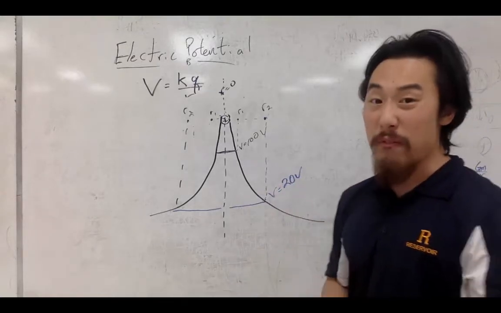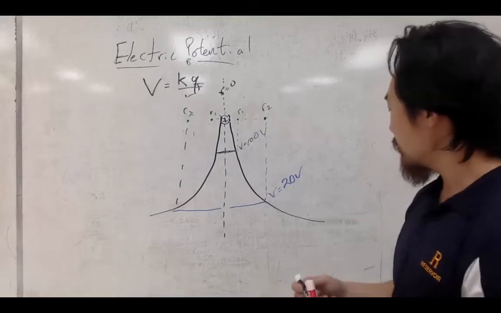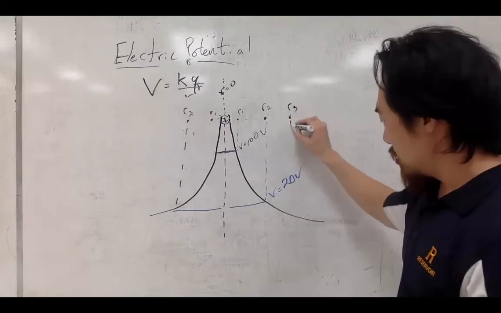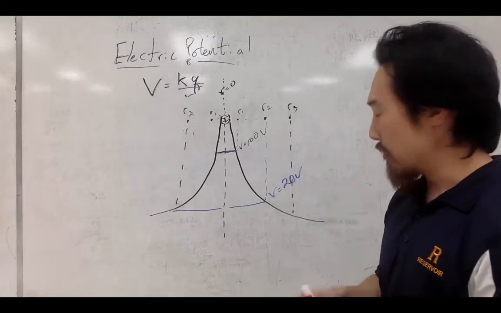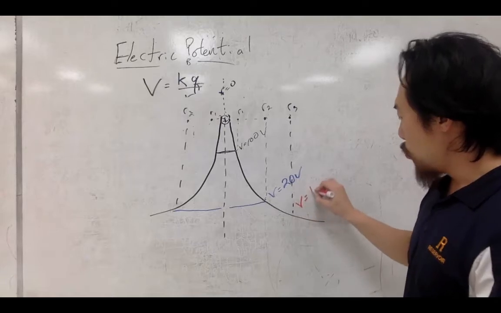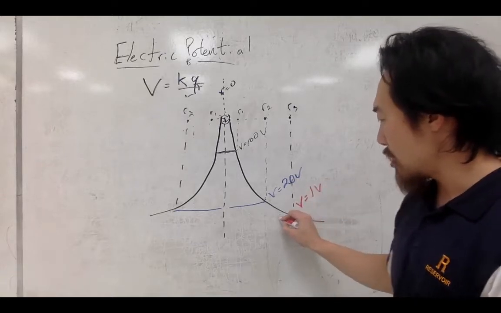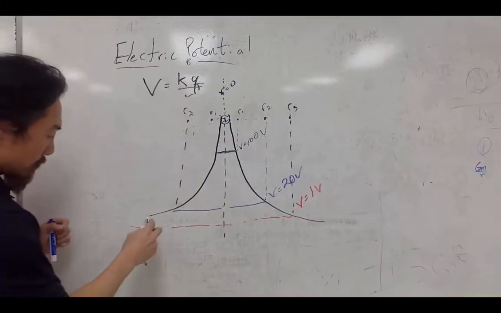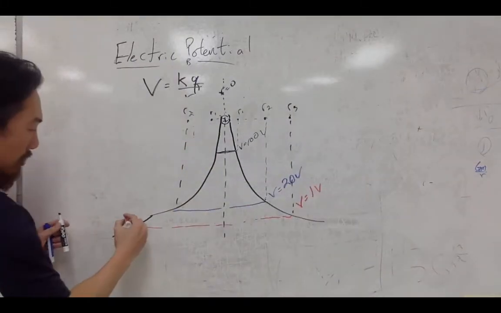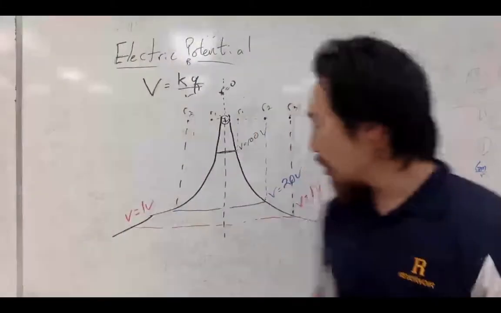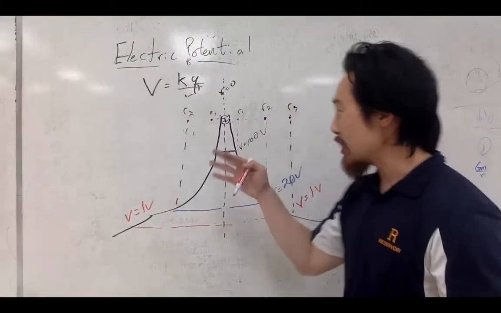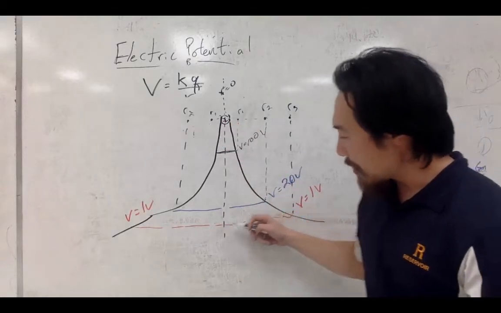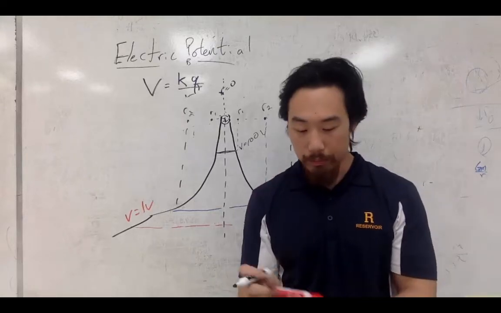And of course, if we go even further out, let's say here it is R3, and at R3, I think we said the voltage was 1 volt, so that means that from here all the way to here, all along this mountain, if we were to imagine this as a 3D mountain, all along the base of the mountain, the potential is 1 volt.